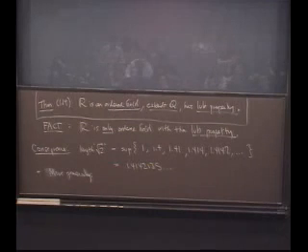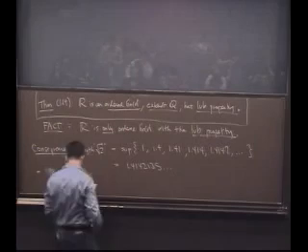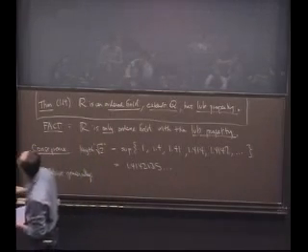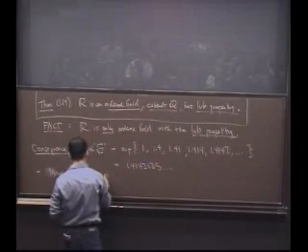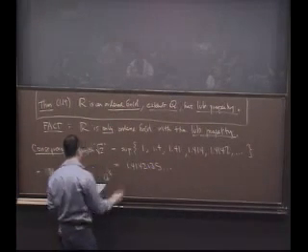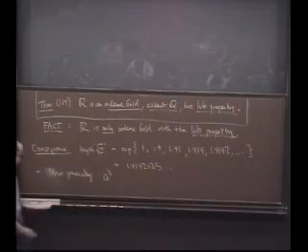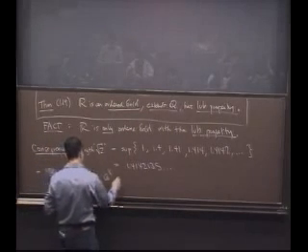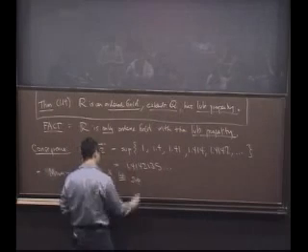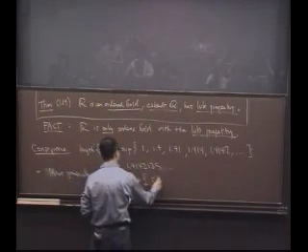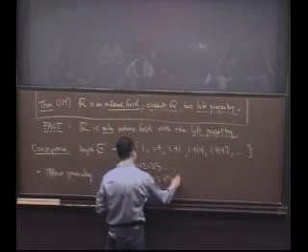By making a definition very similar to that, using the supremum. So, for instance, I could define the nth root of a, a to the 1 over n, as the supremum of all rationals whose nth power is less than a.